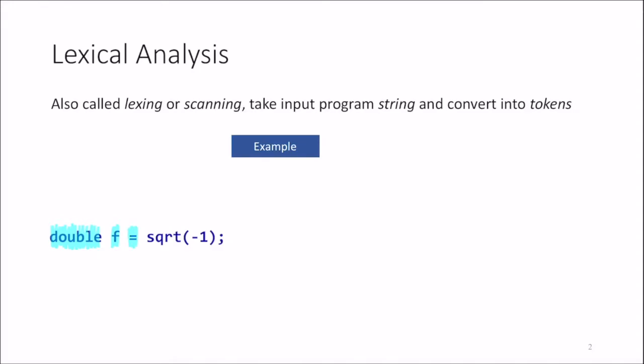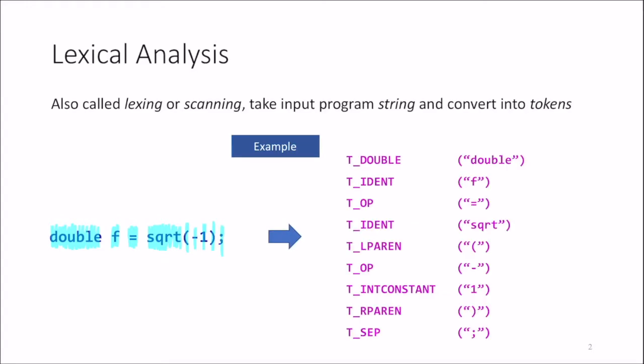Then there's a token that represents the equals, and another token which is also an identifier which stands for a function called here. Then there are these syntactic elements like a left parenthesis, which is a token, the minus sign, which is a token, the number 1, which is a token, close parenthesis, which is a token, and then the semicolon, which ends the statement. So at the end of this process, we get this stream of tokens coming out of the lexical analysis part.